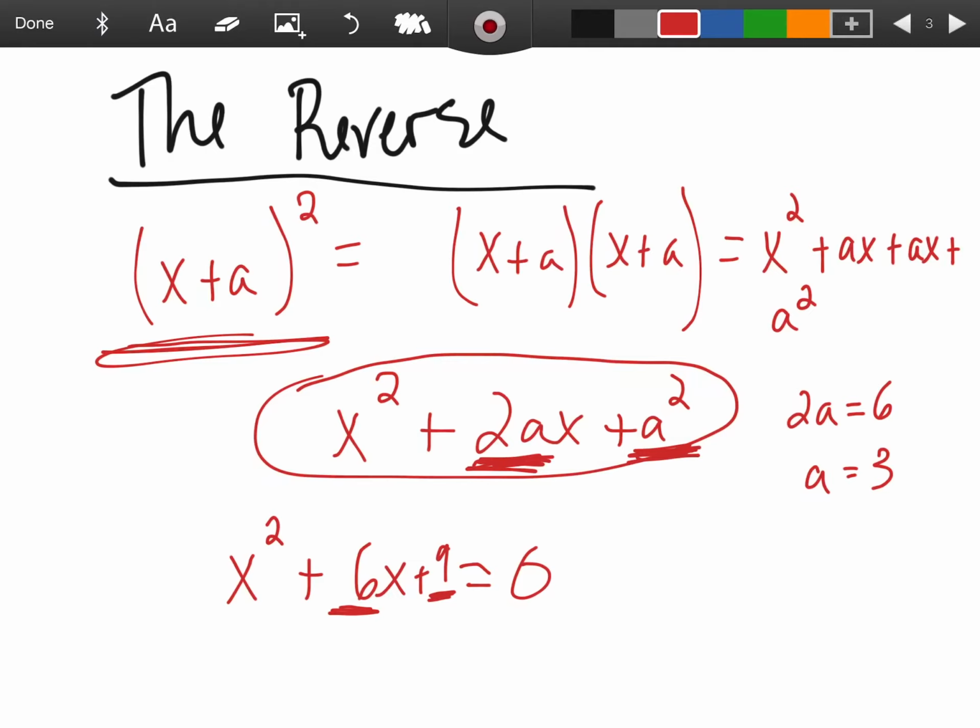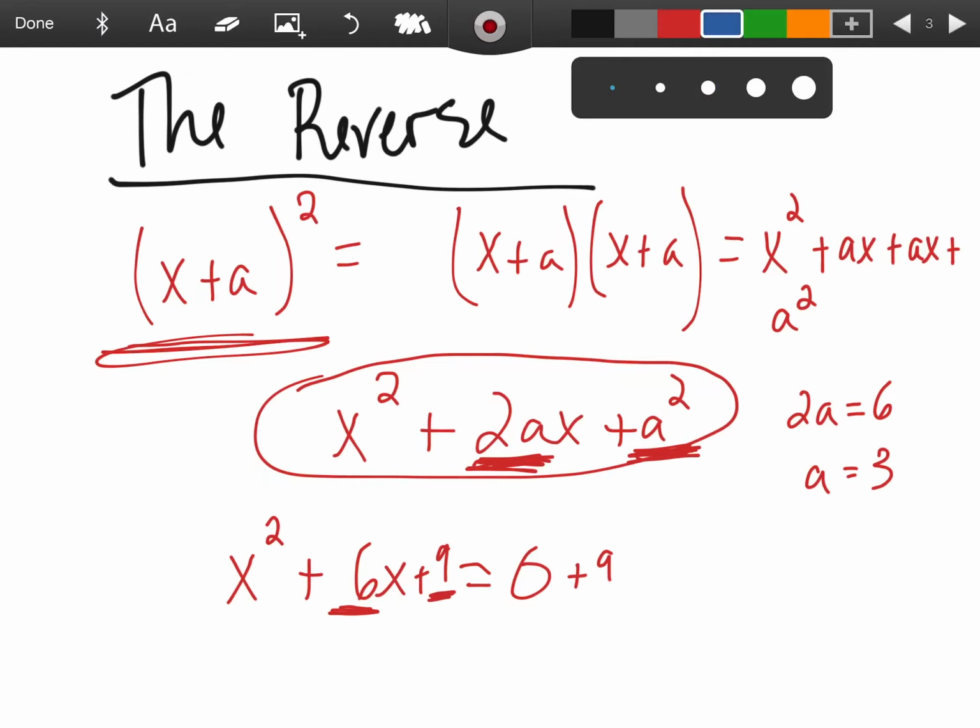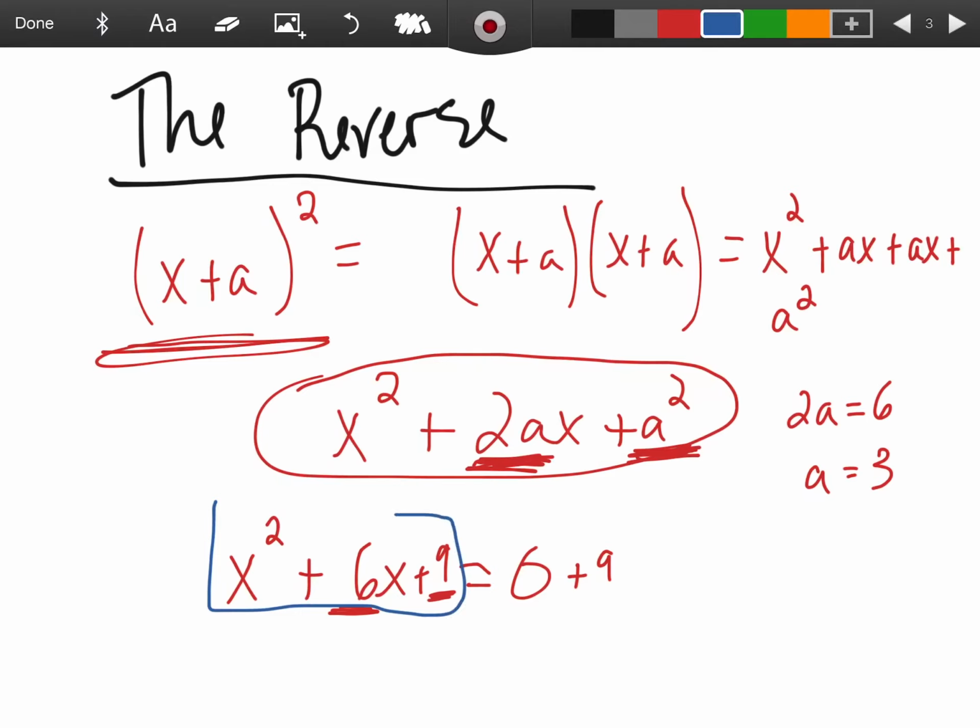And of course, whatever you do to the left side, you have to do to the right. So I add 9 to the right. And now I can take everything on the left and turn it into x plus a, squared, which in this case, a is equal to 3. So that is x plus 3 squared equals 9.